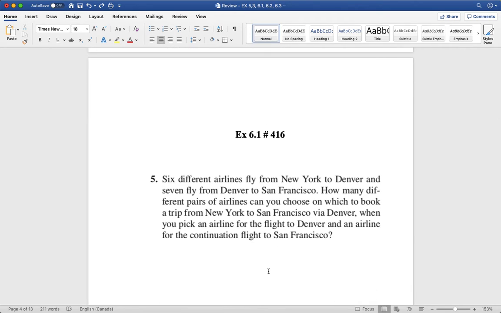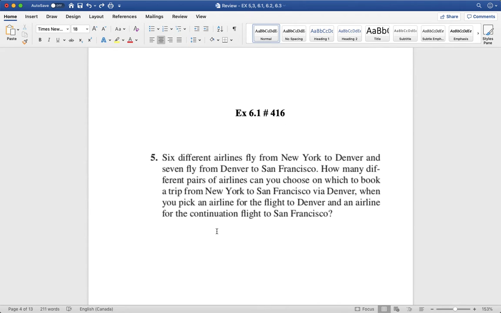So basically we have 6 different airlines that fly from New York to Denver and 7 that fly from Denver to San Francisco. How many different pairs of airlines can you choose on which to book a trip from New York to San Francisco via Denver, when you pick an airline for the flight to Denver and an airline for the continuation flight to San Francisco?